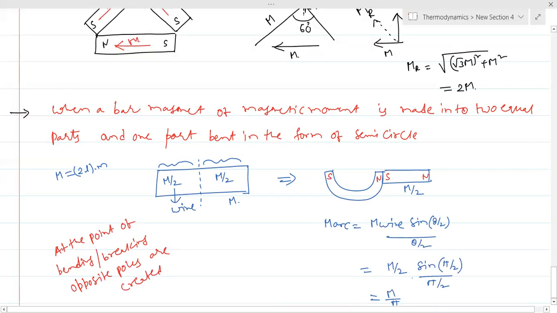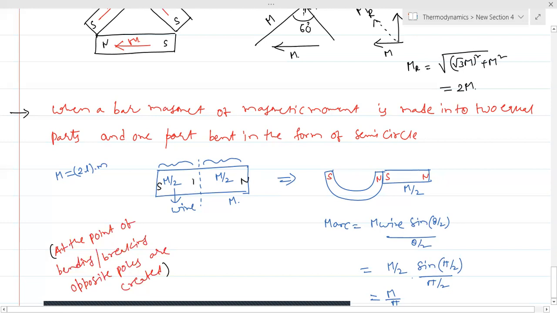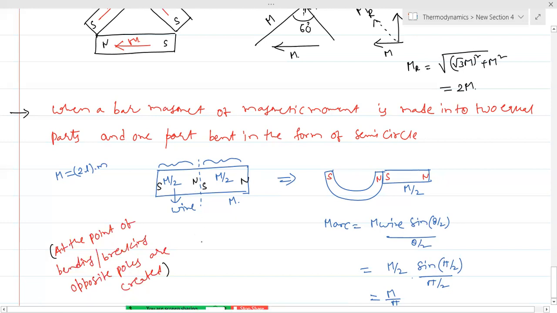So this is a very, very important point. So that means actually you are bending right here. So I'm showing here this is S and this is N. So this is the point of breaking, so automatically we have the existence of opposite poles.